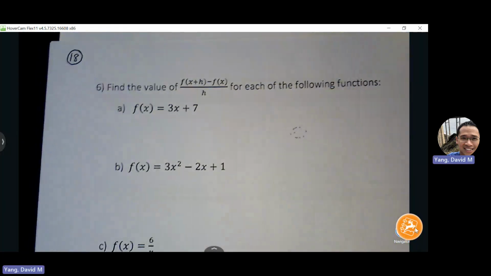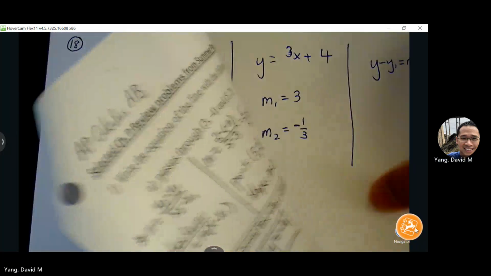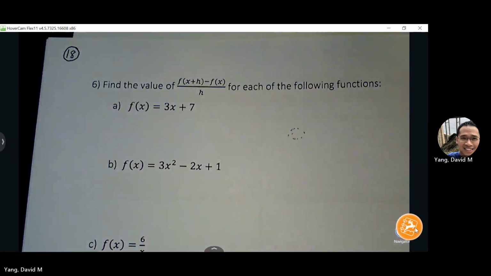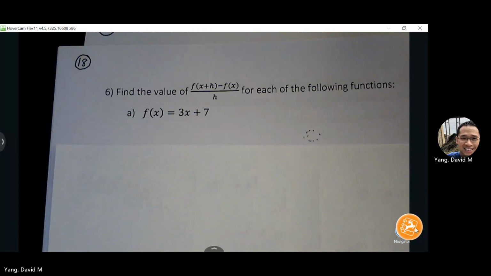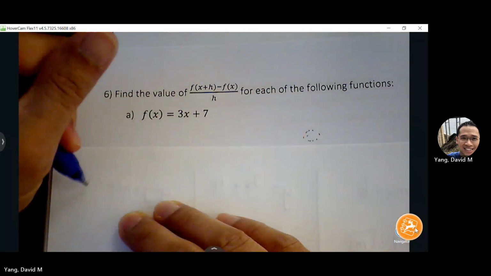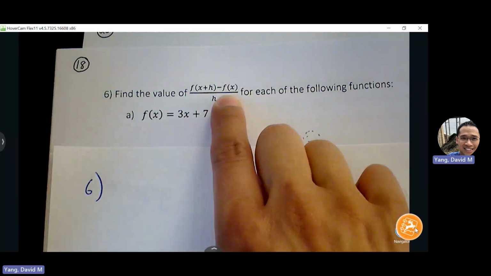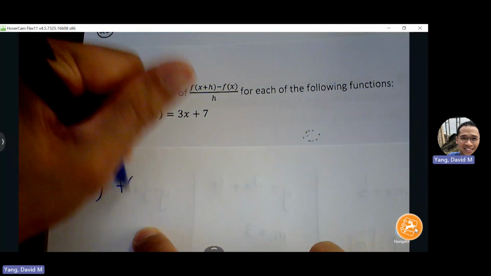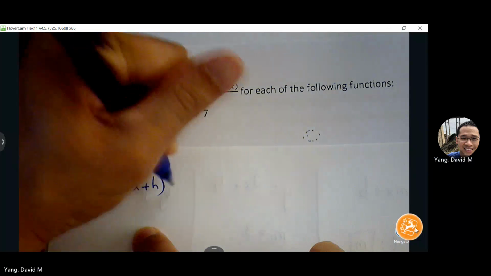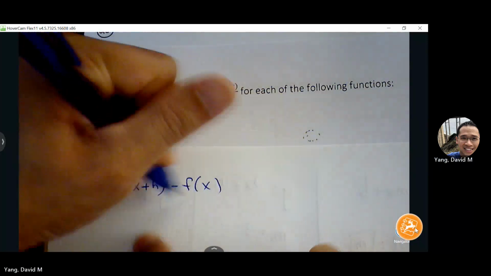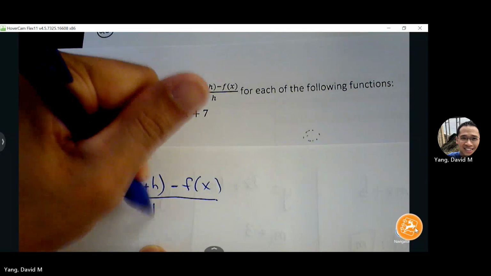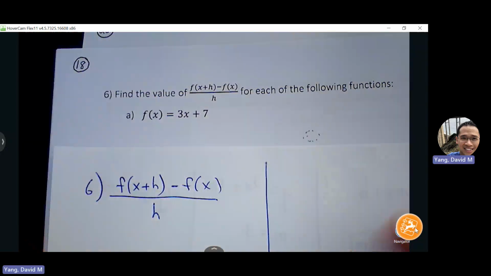Okay, so page 18. We want to be able to get this function to take on this form. So this is what my goal is. Here's my function, right?